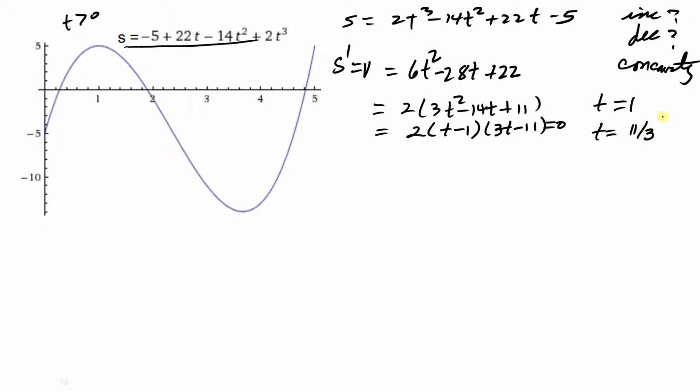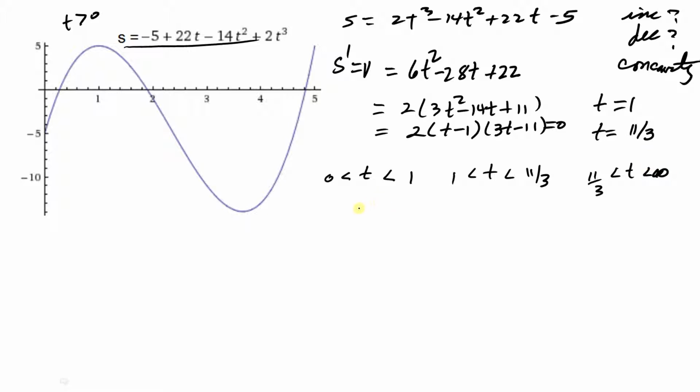So to look at increasing and decreasing intervals, we'll again set up, since we're only considering t more than 0, we go from t equals 0 to t equals 1, and then from t equals 1 to t equals 11/3, and then from t equals 11/3 to infinity, and we need to pick a test point.